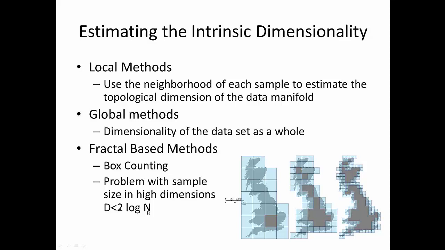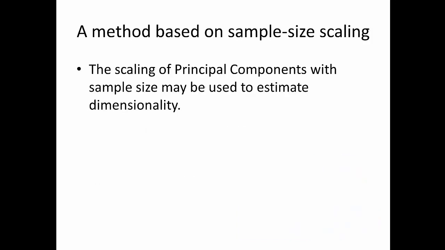However, with the links data, we might actually get to the point where we're able to use this. In the meantime, we have been developing a new approach to assessing the intrinsic dimensionality of links data in particular.